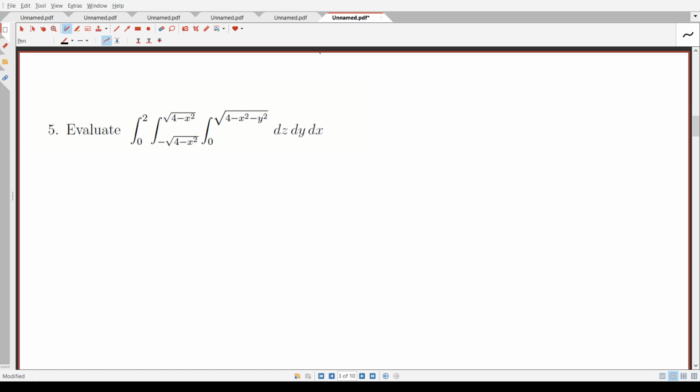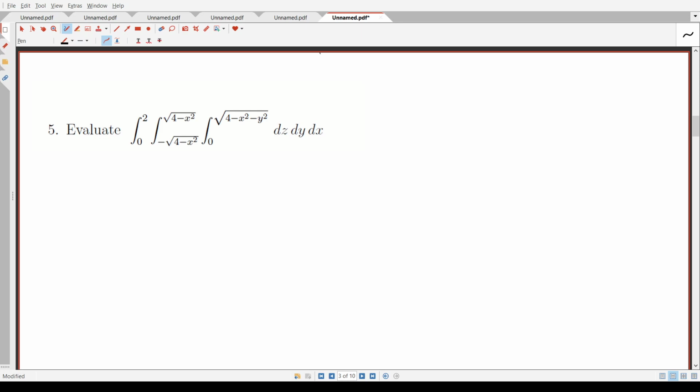What do you guys think? Okay, I hear cylindrical. Okay, I see a good number for cylindrical. Okay, I could do this in any number of ways, but let's at least draw the region first.